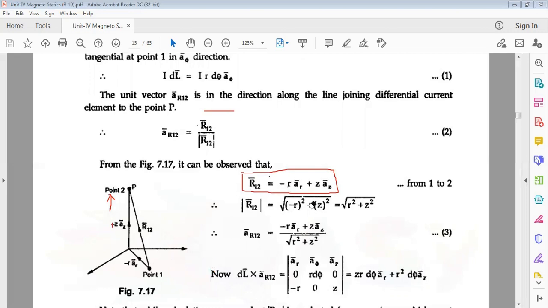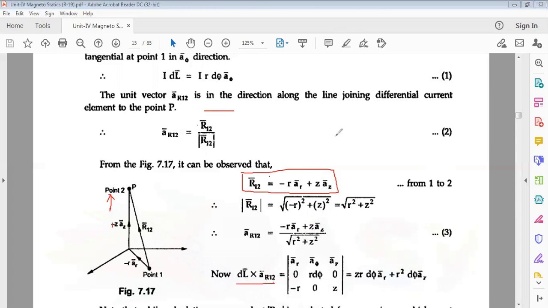Its magnitude is the square root of r squared plus z squared. So a_r12 bar is equal to the vector minus r a_r bar plus z a_z bar, divided by the square root of r squared plus z squared.